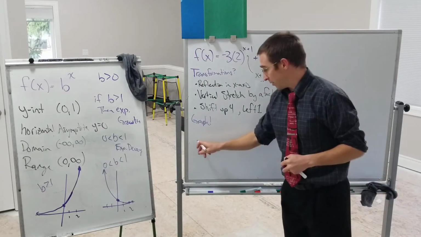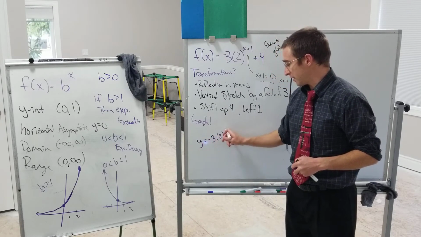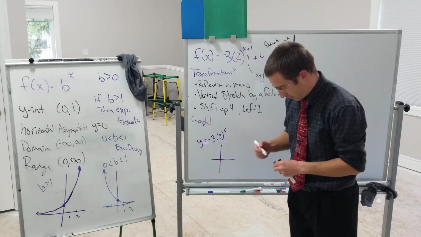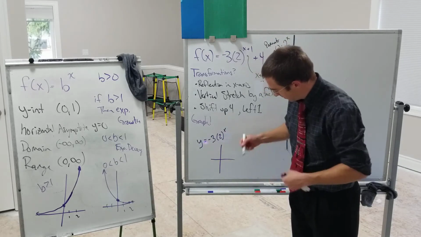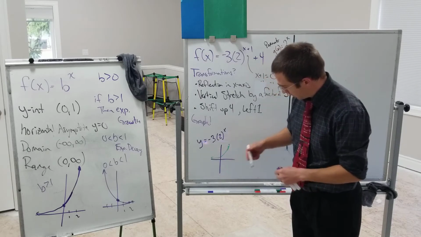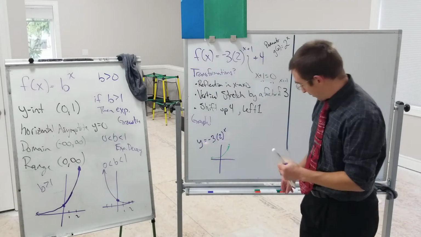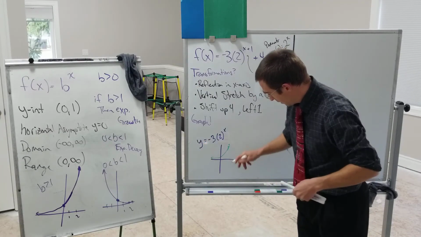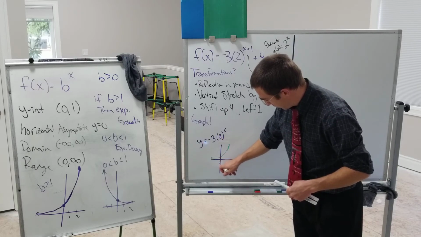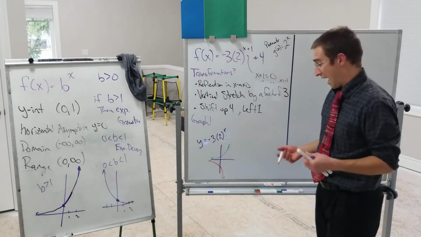We could think about y equals -3 times 2 to the x, which would look like this. 2 to the x looks like this. If I reflect it and put that -3 in front of it, instead of being 1 away from the asymptote, it'll be 1, 2, 3 away. And it's basically going to look something like that.